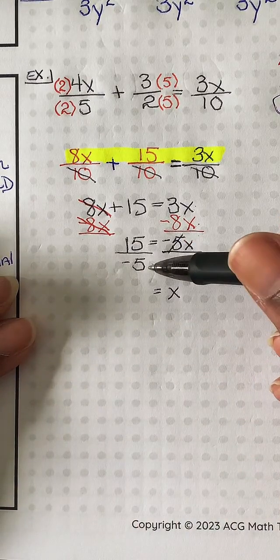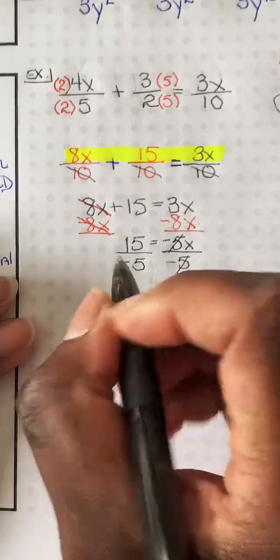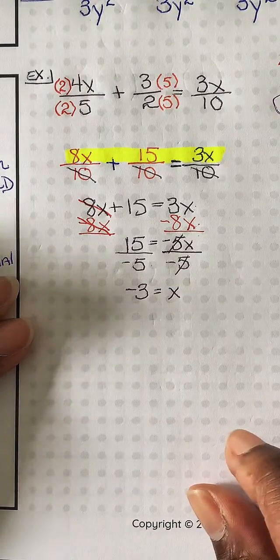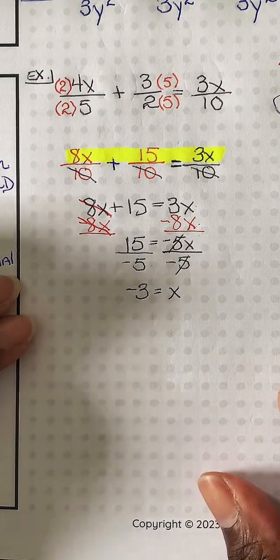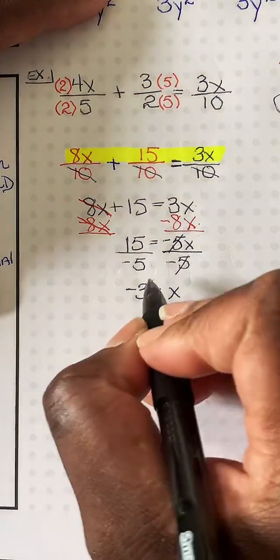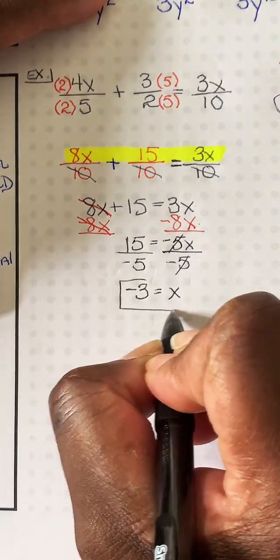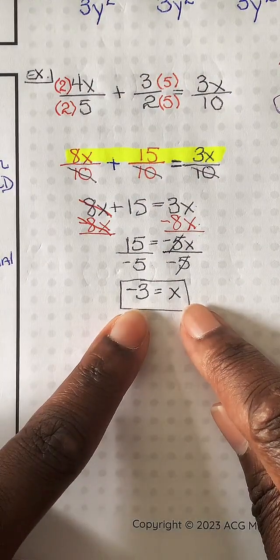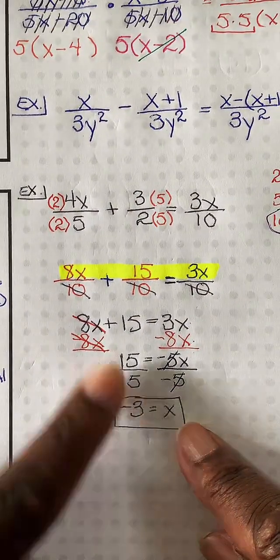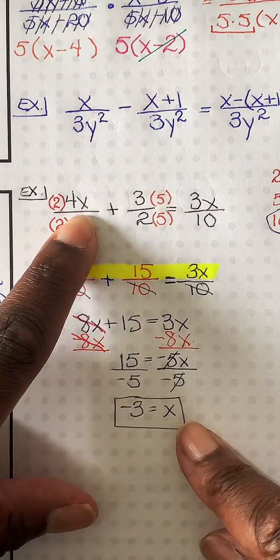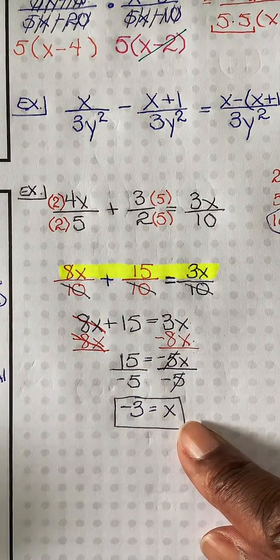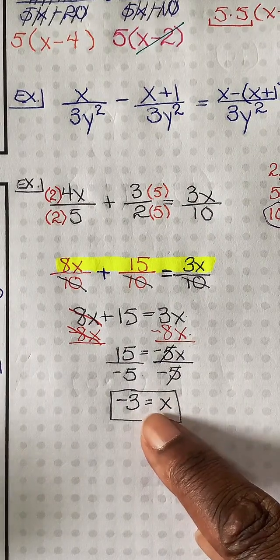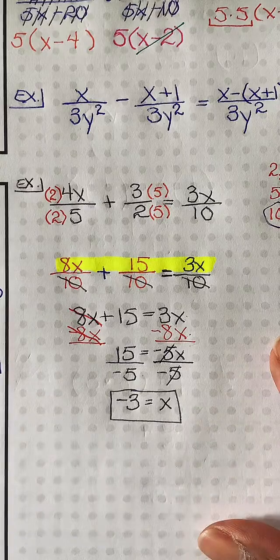Now 15 divided by negative 5 gives me a negative 3. Okay, so our answer is going to be negative 3. So this is saying if I plugged negative 3 back into my original equation, I will get a true statement. That's the missing piece that's going to make it into a true statement.